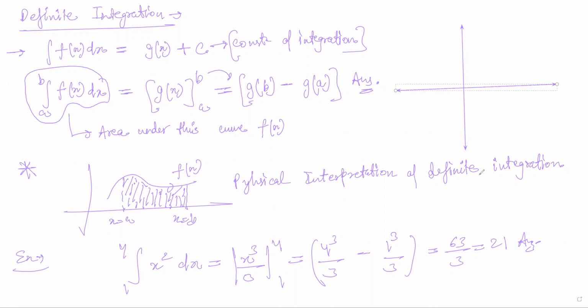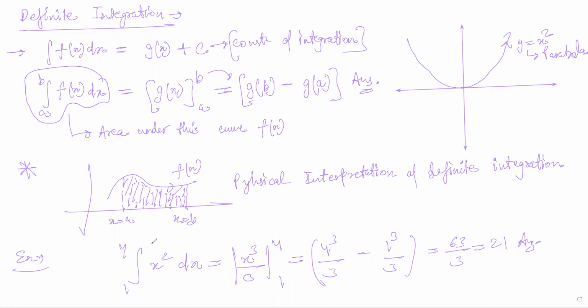Now we know what f(x) is. In this case, f(x) is x square. The graph of x square is something like this. This is not the exact graph, not to scale, but similar to this. This is the graph of y equals x square. By the way, this figure is known as a parabola, if you don't know.